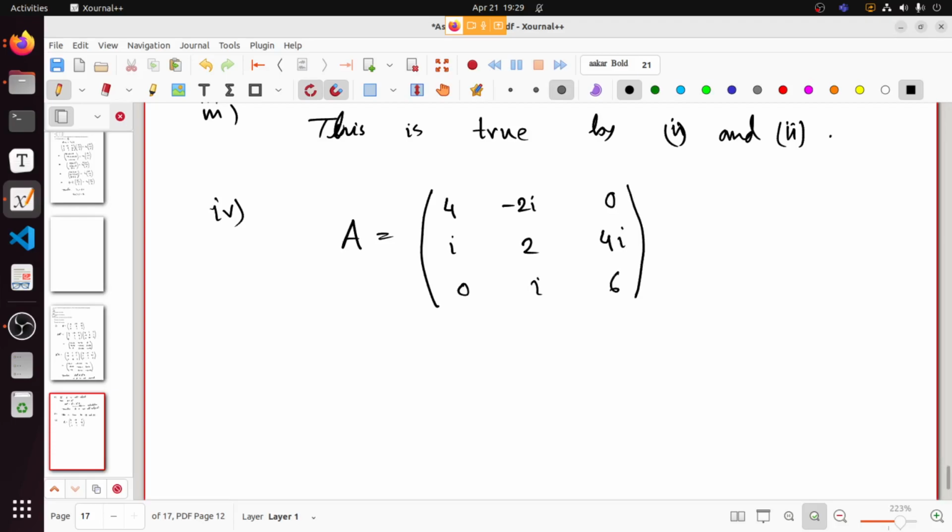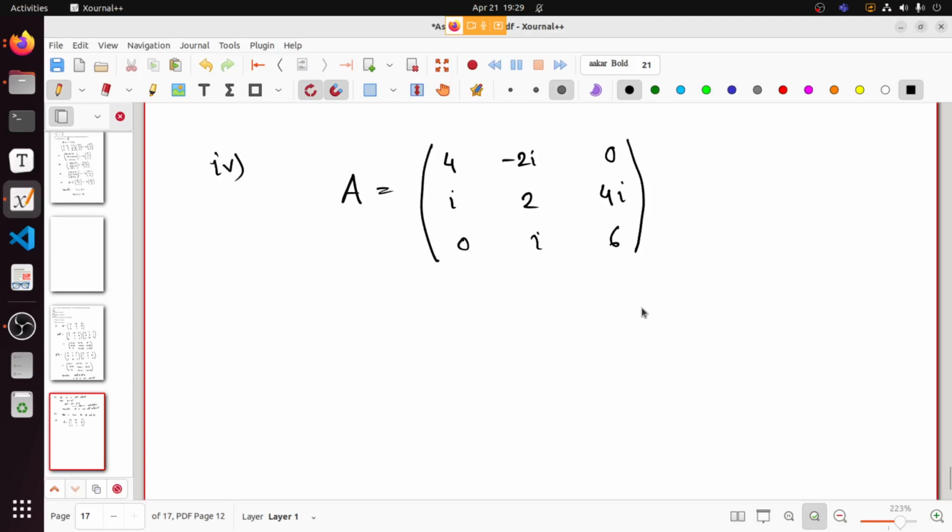If we can show that all the columns are linearly independent, then the matrix will be invertible, right? Because if it is not invertible, then some column will be written as a linear combination of the others. So we will show that all the columns are linearly independent.